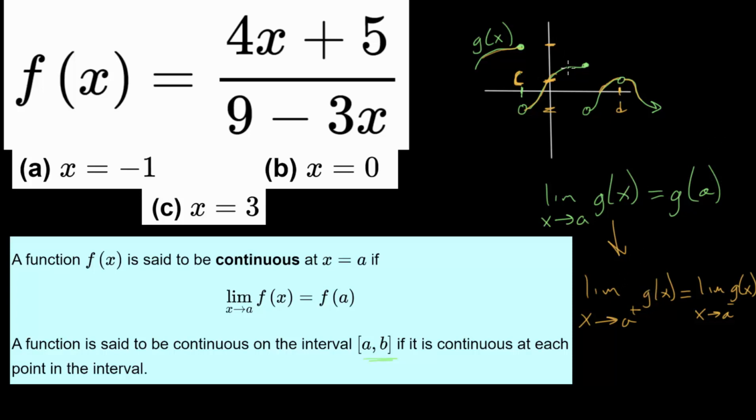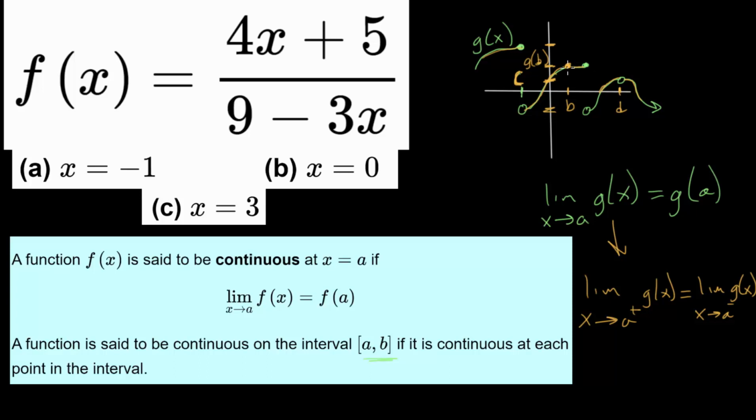But if we look at, let's say, this point right here, we can use an x value of b, and let's say its y value is g of b. The function does exist at this point and evaluates to some specific y value. And as the function approaches b from the left-hand side, this is equal to the same y value as the function approaches b from the right-hand side.